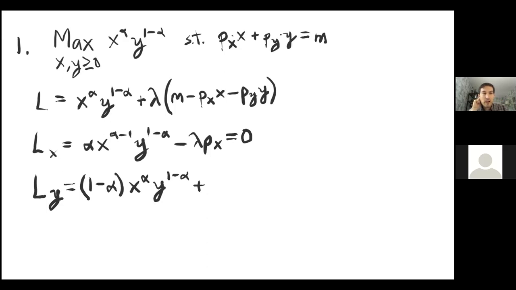So I guess if that's what you mean by harder, then yes, this one is harder. It just has more stuff going on, I would say. That is true. Don't you have to decrease the y by 1, the exponent? Oh gosh, thank you very much. I'm just copying it down. Is that good? Yes. Thank you, thank you. And then minus lambda py.